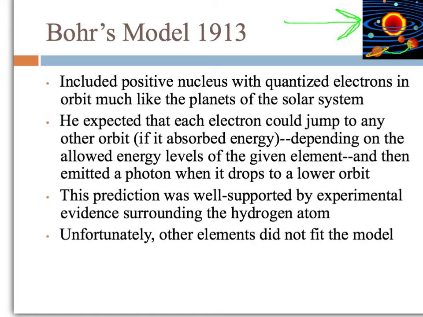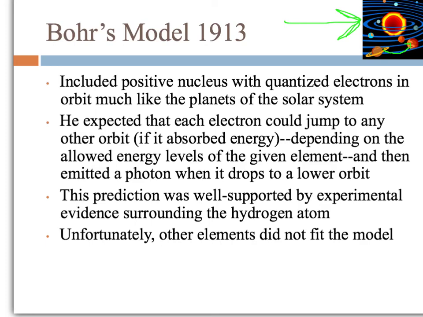And then when electrons moved from a place of high energy to a place of low energy, the photon would be emitted. And actually, when he did some experimentation with hydrogen, he found that the light bands that were seen when hydrogen emitted photons, in fact, fit this model really well.